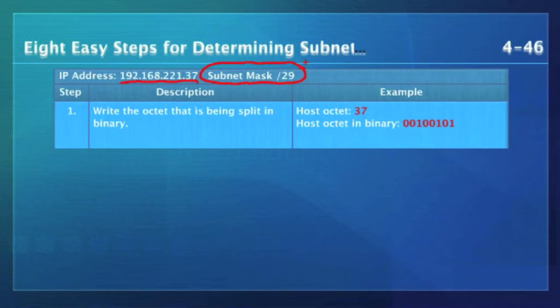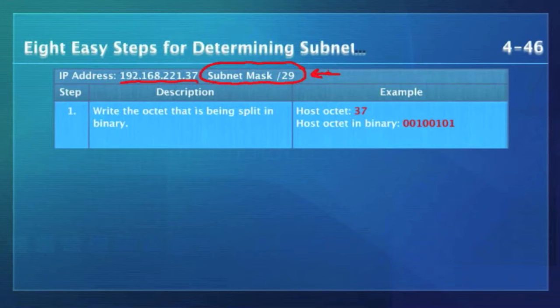How many bits did we borrow? First question. How many bits did we borrow? Go ahead and type it into the Q&A. Think about it. Great job, everybody. We borrowed 5 bits.